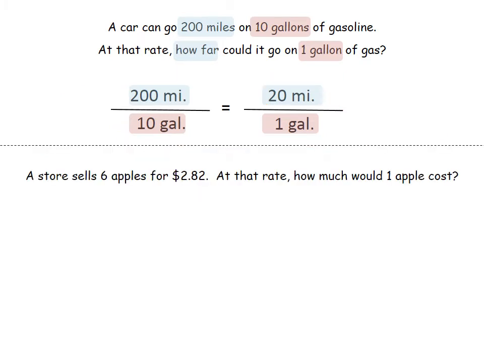We'll keep the car problem above us visible so that we can use that as a model. So a store sells 6 apples for $2.82. At that rate, how much would 1 apple cost? Well, we'll follow the same process we did in the first problem. And we'll look at what the problem is telling us. What's the known information?